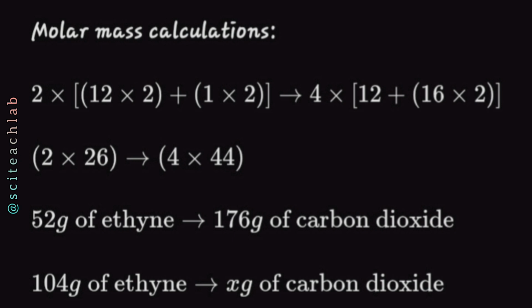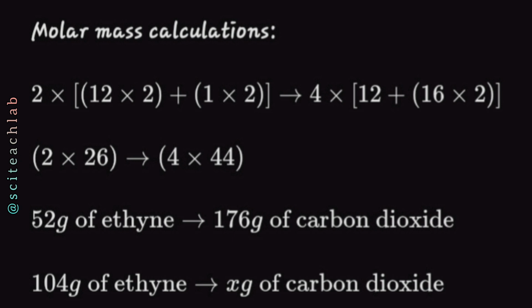Now going to the product side, we're looking for carbon dioxide. We do the same thing. C is 12 and O is 16. So we say 12 plus O is 2 atoms there, so 16 times 2. And we multiply everything by 4 because there were 4 moles of this carbon dioxide.